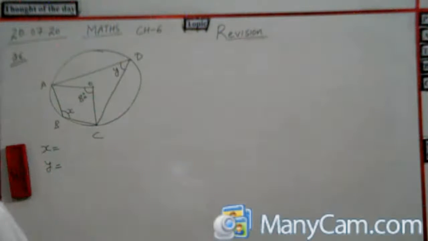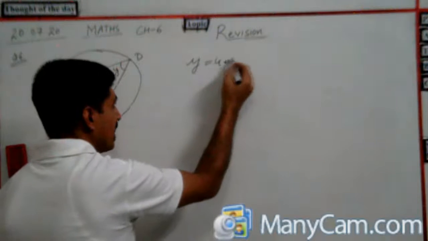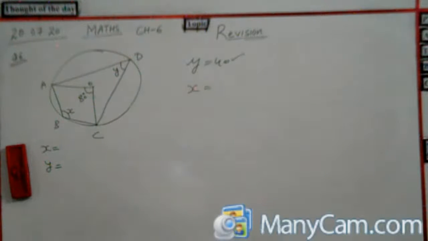Question number 6. Puneet is writing. So angle Y is 40 degrees. Puneet is saying Y is 40 degrees. No problem. Let's check. And what about X?